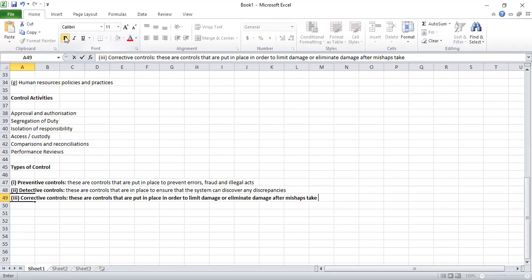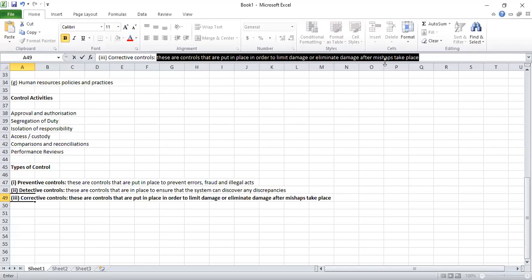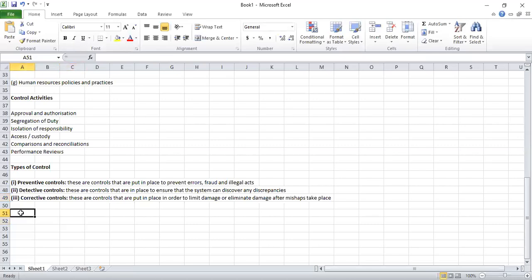So we're saying a problem has happened. How do we correct that? We can say, for example, we can have a disaster recovery plan in place that can correct the problem when it happens.